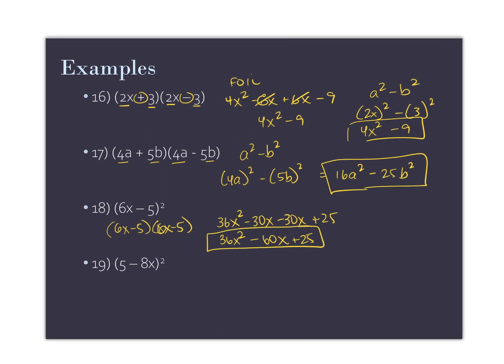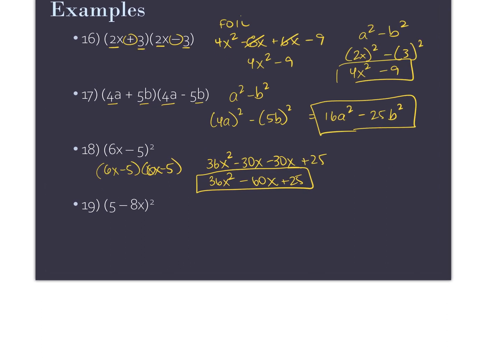Okay, now I'll do the other one using the shortcut. Remember that the shortcut is a squared minus 2ab plus b squared. So in this case, a is 5, so it's 5 squared minus 2 times a times b, right? And the last one is plus b squared.